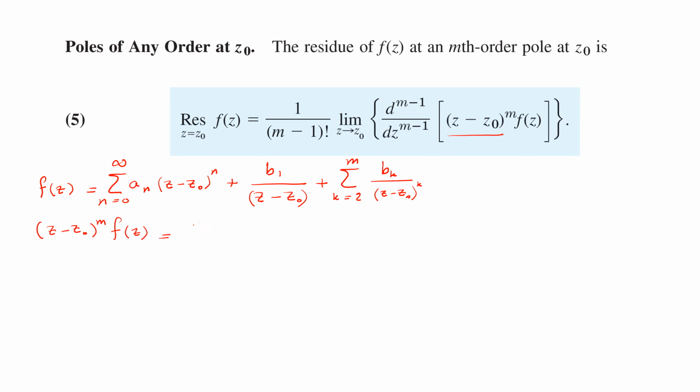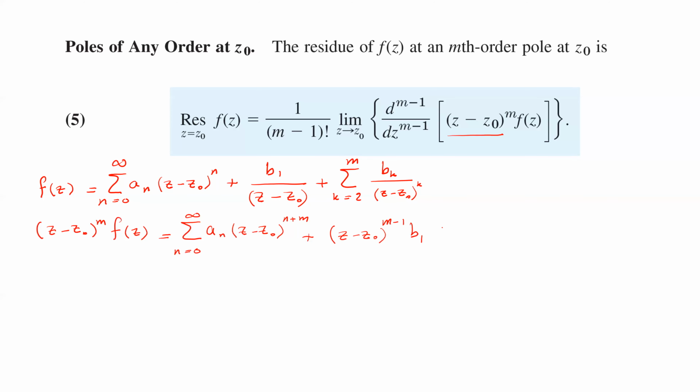What I get here becomes the sum of (z minus z naught) to the power n plus m, right? And then n goes from 0 to infinity. This is the Taylor part. Plus, we have here (z minus z naught) to the power m minus 1, because we have negative 1 here, times b1.